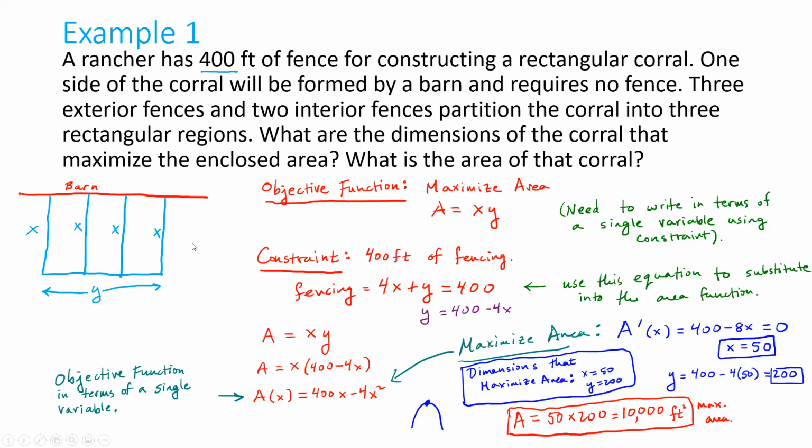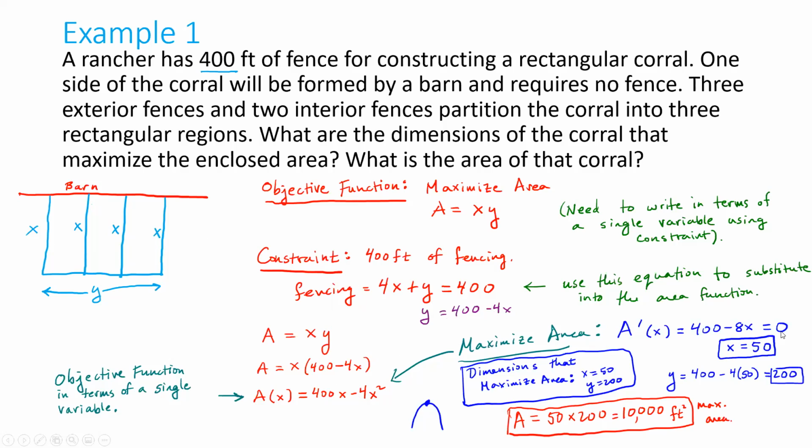Here it was fairly straightforward because our objective function was just the area of a rectangle. And our constraint was just limiting the amount of fencing. So it was a simple equation, y equals 400 minus 4x, that we could substitute in.